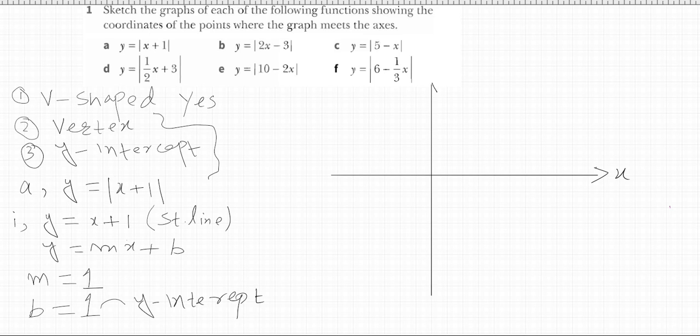This is the x-axis, this is the y-axis, this is the origin. So I take 2 squares for 1 on the y-axis. So above is 1, below is minus 1, this is the positive x-axis and this is the negative x-axis.